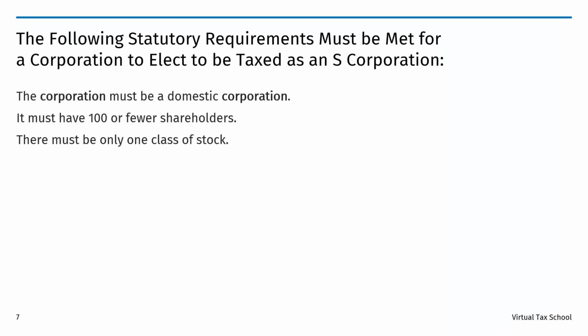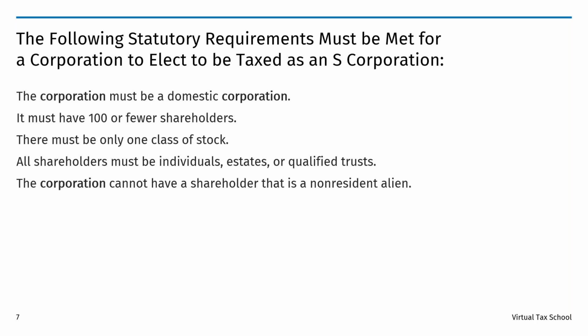A subchapter S corporation can only have one class of stock. And there are certain restrictions on who can be a shareholder. Shareholders must be individuals, estates, or qualified trusts. And subchapter S disallows non-resident aliens or certain types of trusts to be shareholders.